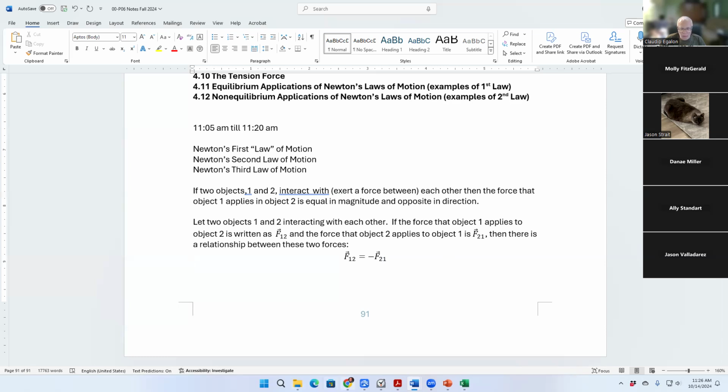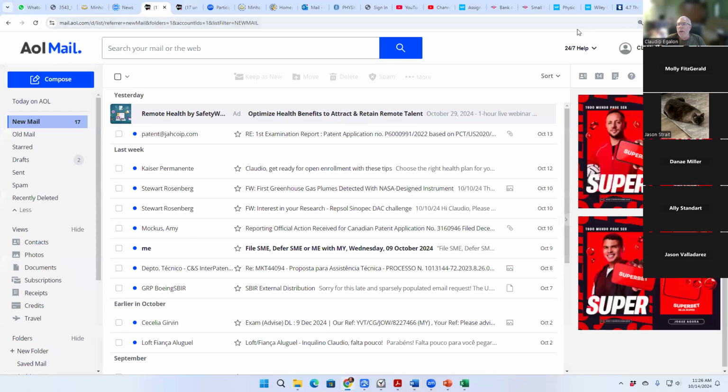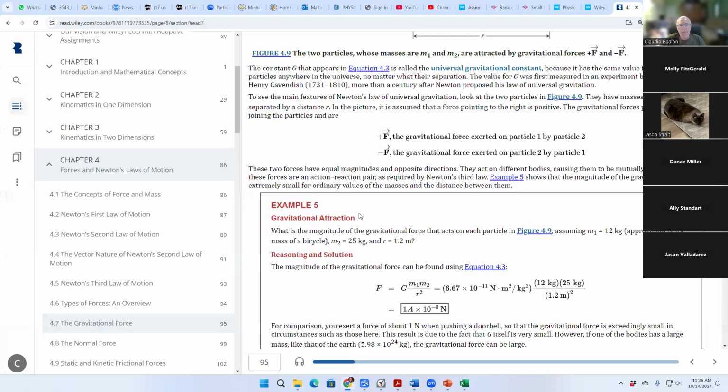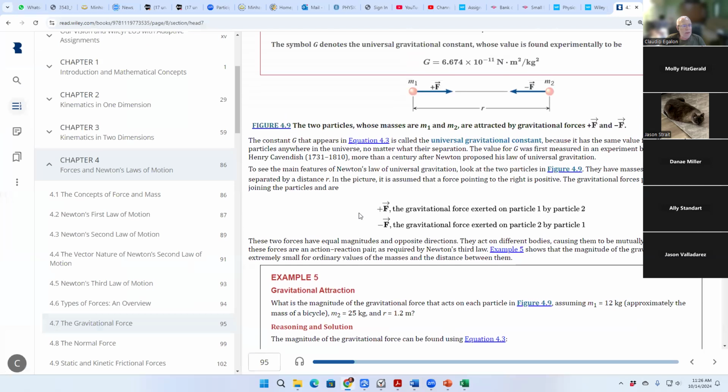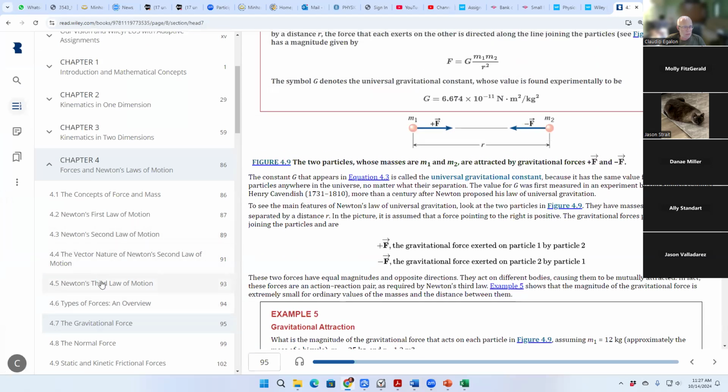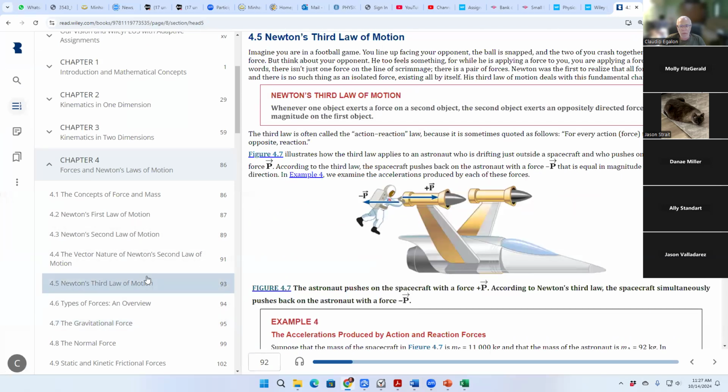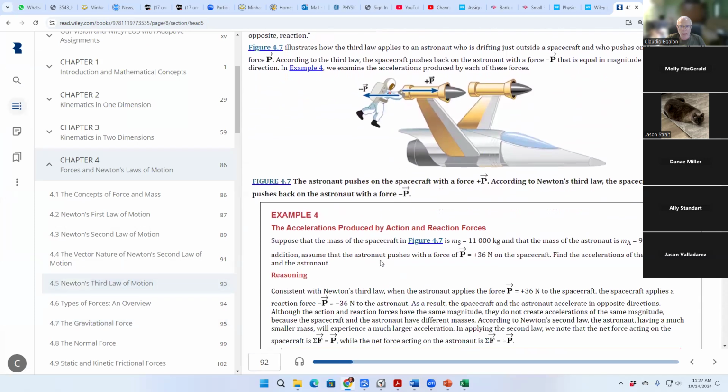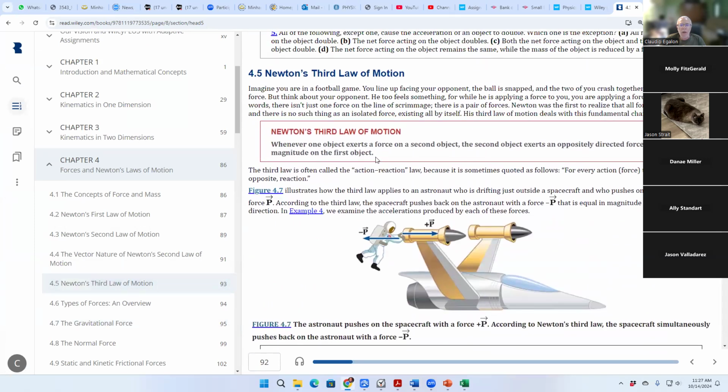Let's see how the book formulates this third law. Newton's third law of motion: whenever one object exerts a force on a second object, the second object exerts an oppositely directed force of equal magnitude on the first object.